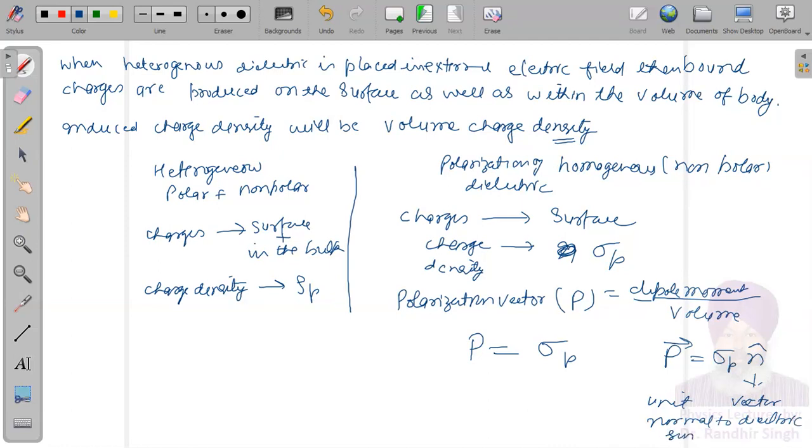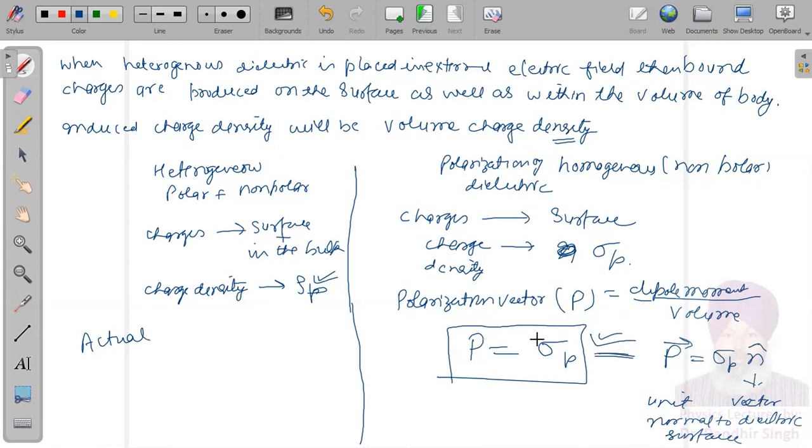This is something you have studied in your school physics, but this is only for non-polar. In general, here the situation is different. Our volume charge density must be talked about instead of surface charge density. This relation is valid only up to school physics. For non-polar dielectric, it is still valid.